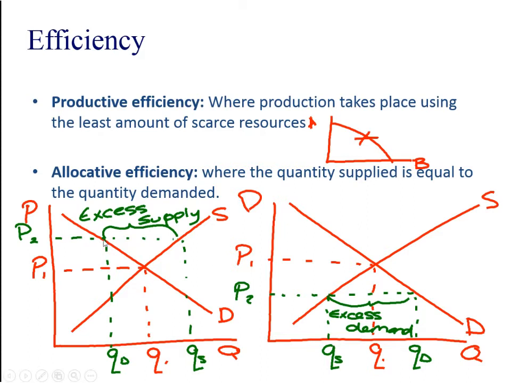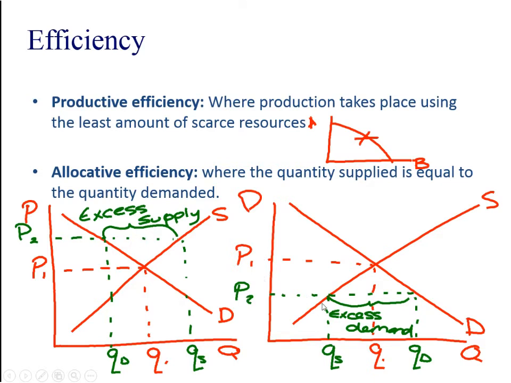So quantity demanded is a lot lower than the quantity supplied. So we have excess supply, and we'd call this allocatively inefficient because we've got a surplus of stock. Remember from previous presentations, it looks like lots and lots of stock on shelves left over and not selling.